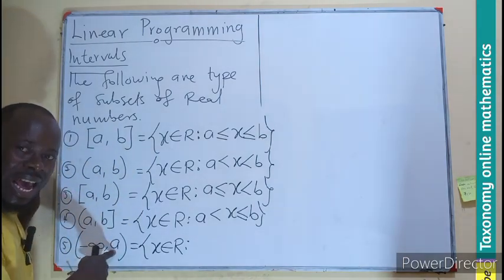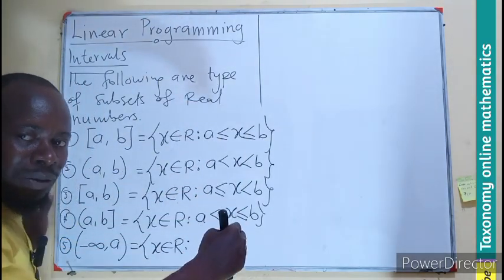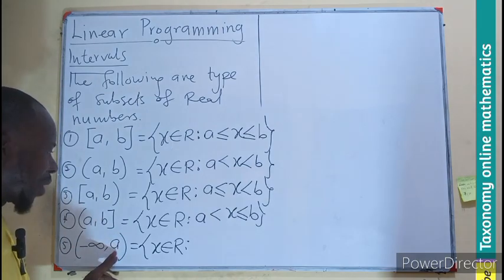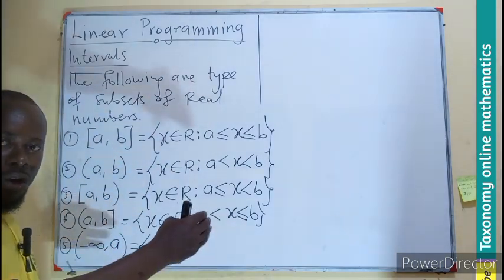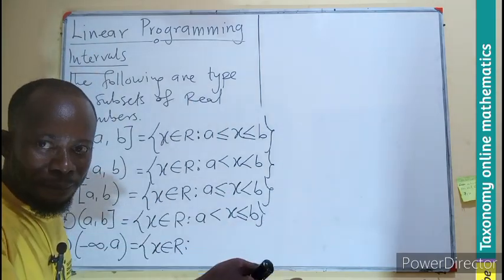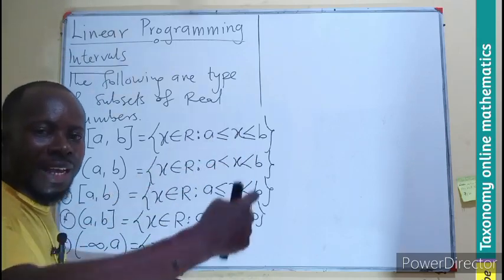So it means that A is going to be the greatest of all the elements you are going to see. So if you use x, x is going to contain all numbers less than A, or A is going to be bigger than all numbers of x.